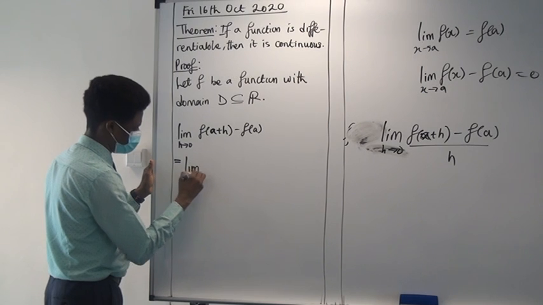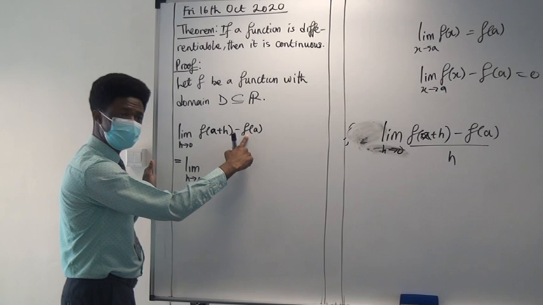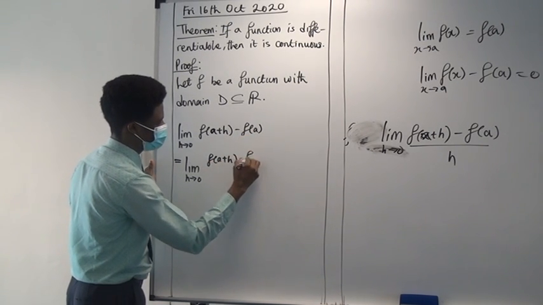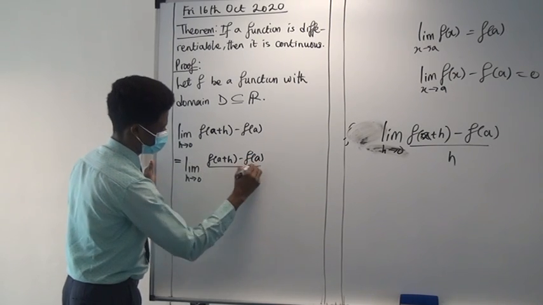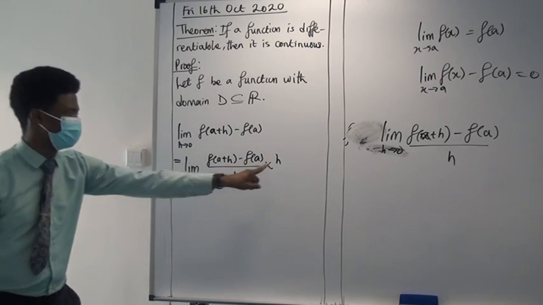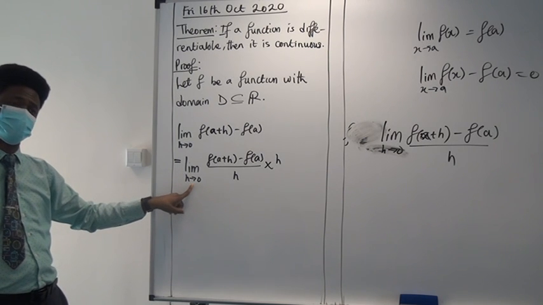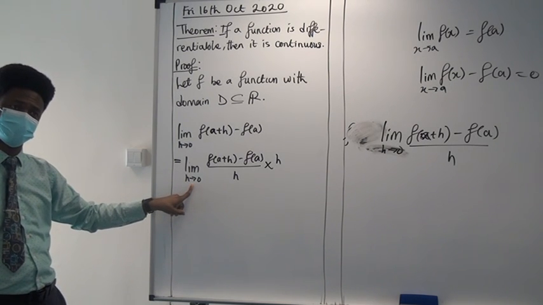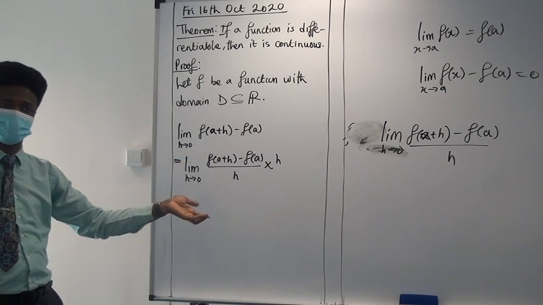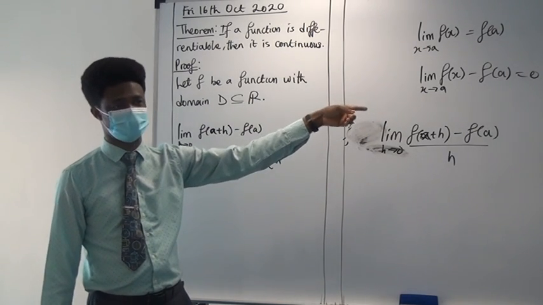So this limit is the same when I say h tends to 0. Remember, this has no h or anything, right? Then I'm going to say f of x, because I want it to look like the continuity that we did. Can you see that? Now, h cannot escape, because it is the variable which is tending to 0. I've chosen h because I want it to look like the differentiability that we are talking about. All right? But for the continuity, the variable will have to change to x.